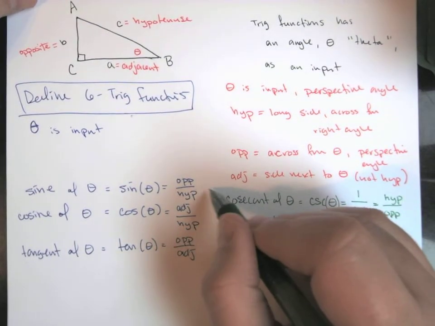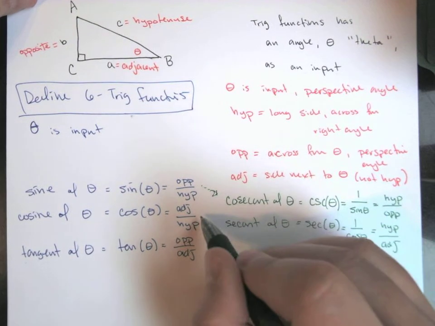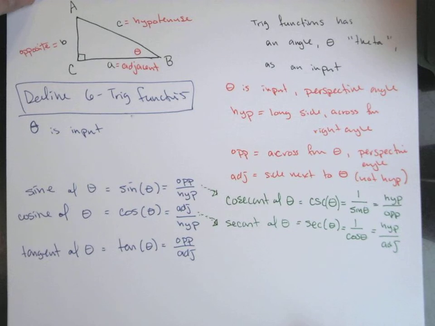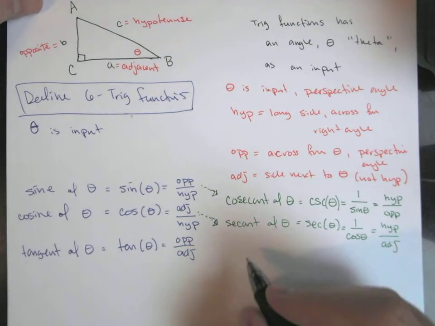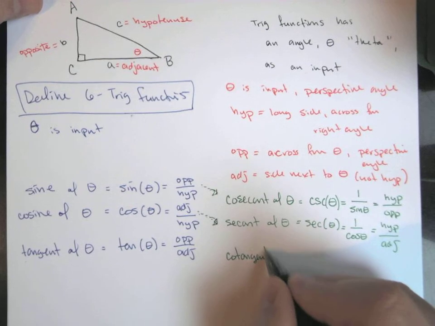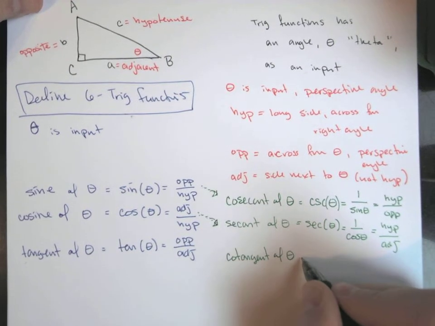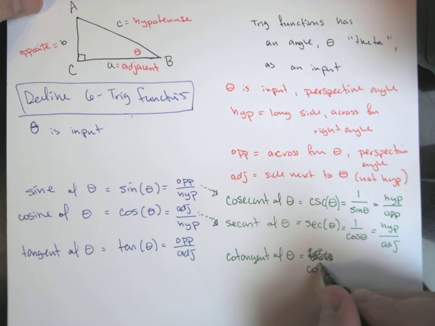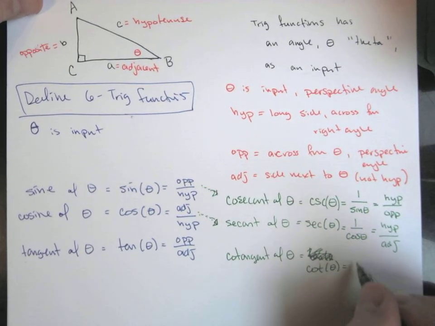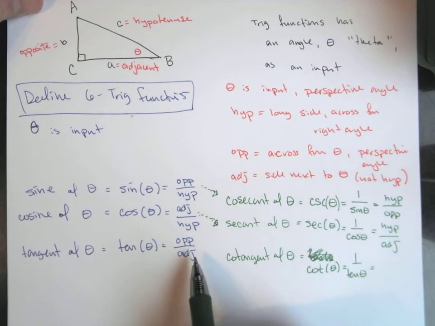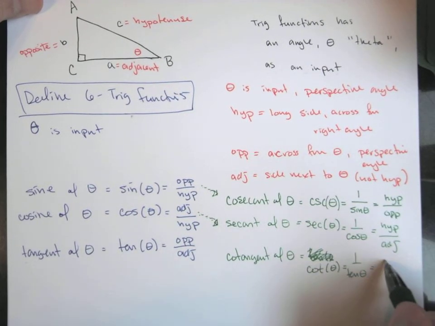This lining up didn't quite work out perfectly, but the idea is I'm trying to give you these reciprocals essentially in the same order. The third one is the cotangent of theta. Cotangent would be COT of theta, so it's 1 over the tangent. And so that means we're going to flip to the adjacent over the opposite.